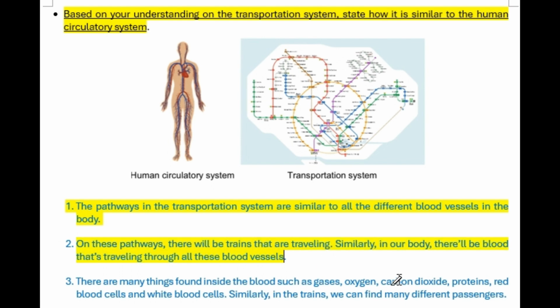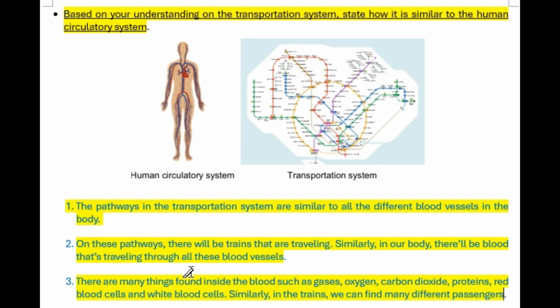Similarly, in our body, there will be blood that is traveling through all these blood vessels. 3. There are many things found inside the blood, such as gases, oxygen, carbon dioxide, proteins, red blood cells and white blood cells. Similarly, in the trains, we can find many different passengers.